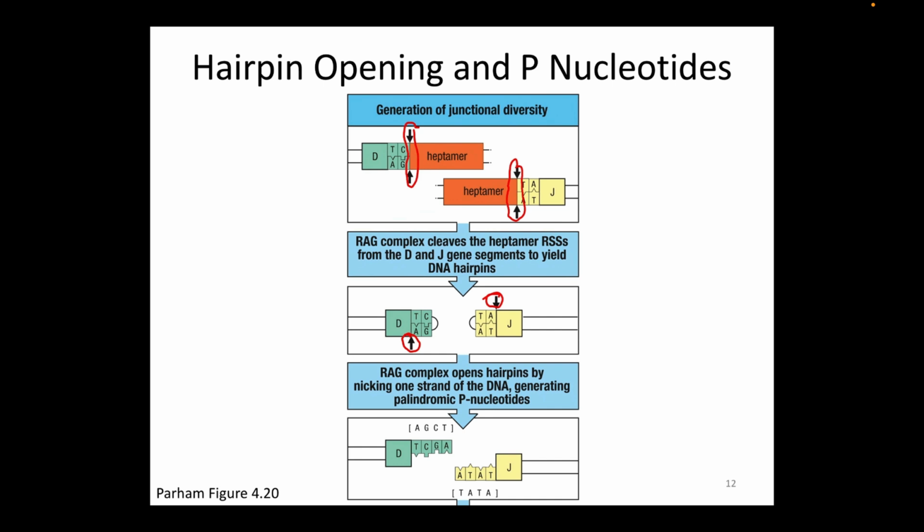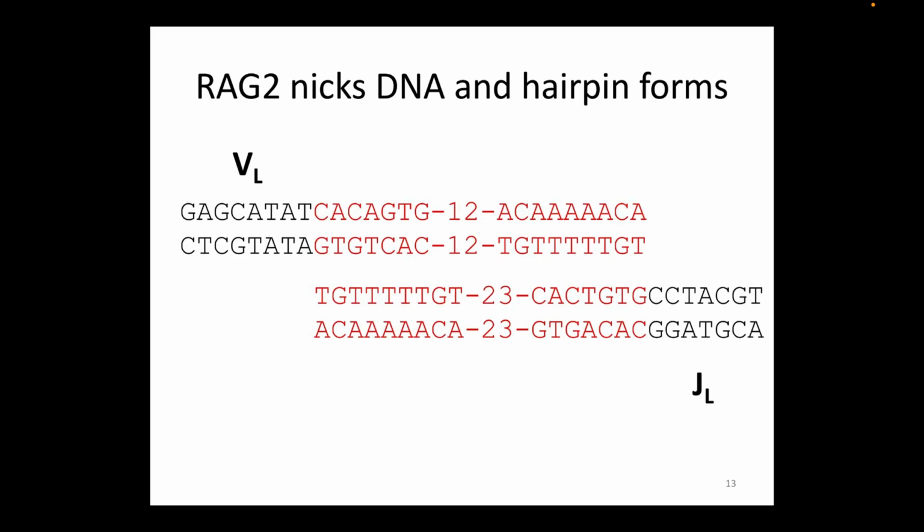And we can see that we get this uneven DNA, which now can be filled in by polymerase. And we now have this additional DNA that was not present in the original genome, which would be called the P nucleotides. This comes from hairpin opening. You can watch this process happening here.